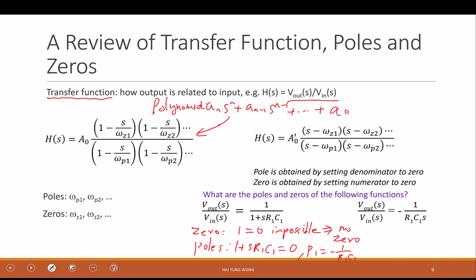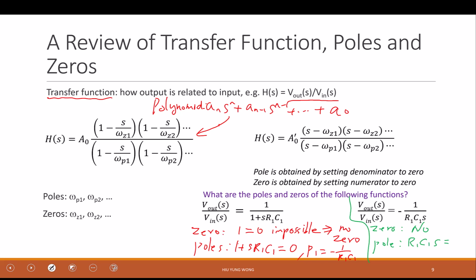So let's do something similar for this one on the right. Do we have a zero? Again, no, right? Because you cannot find any s so that 1 equals 0. 1 never equals 0. How about for the pole? What do we do? You need to set it, okay?